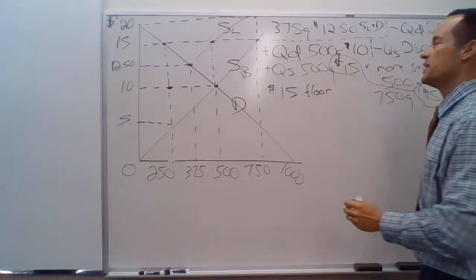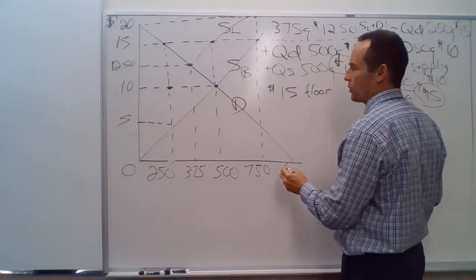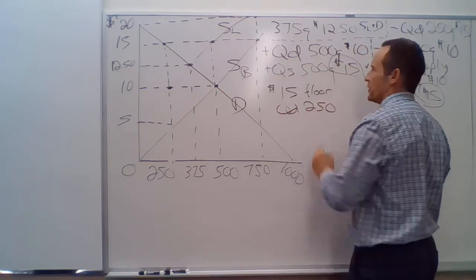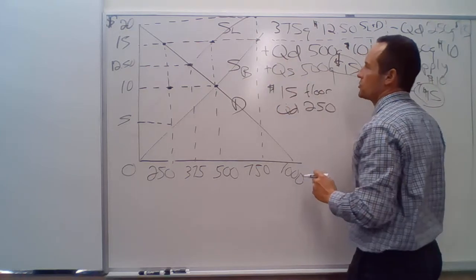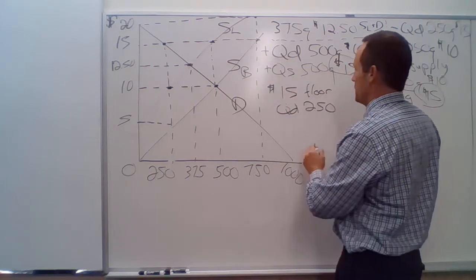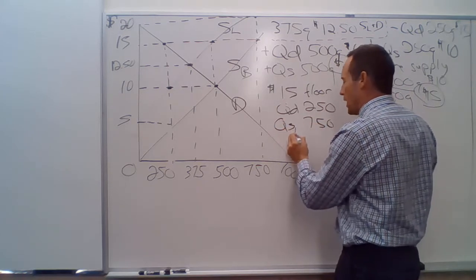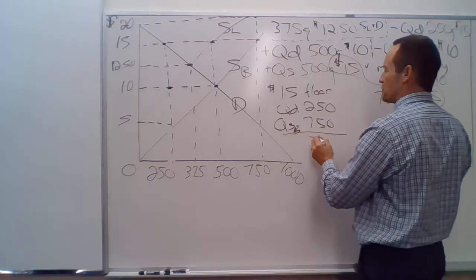If we say to these shoppers, you'll never see this product for less than $15, the most they'll ever want is 250. If we say to Supply Big, hey, we promise you at least $15, they will make 750 units, quantity supplied sub big. So now we have a surplus of 500.